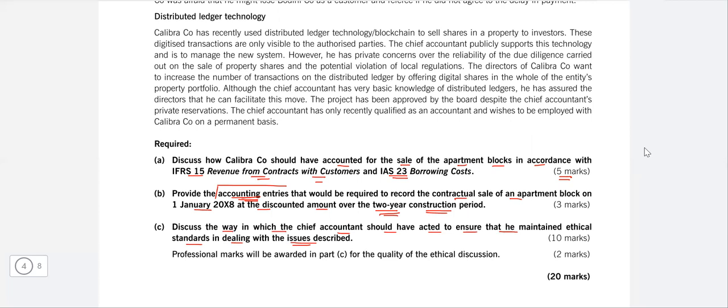Ethics is related to the fundamental principles of ethics, the ethical threats, professional behavior, integrity, competence, and due care. So just remember that whatever the question relevant to ethics is, you're supposed to relate it with the ethical principles and the ethical threats.